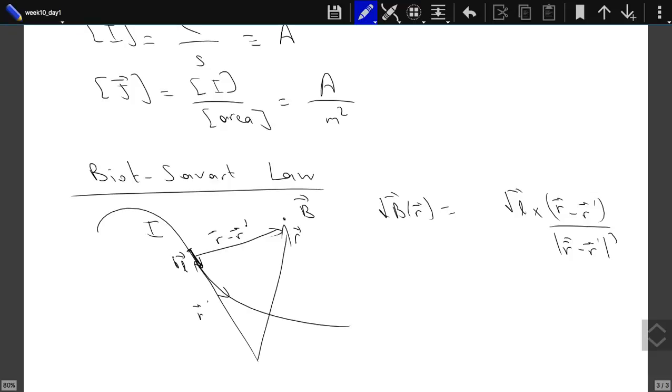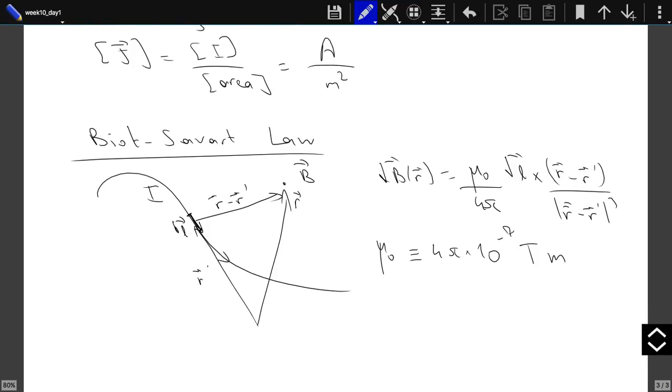Well, that is a proportionality, and the proportionality constant is conventionally written as mu0 over 4 pi, where mu0 is just some constant, defined to be 4 pi times 10 to the power minus 7 Tesla meters per ampere, Tesla being the unit of the magnetic field.